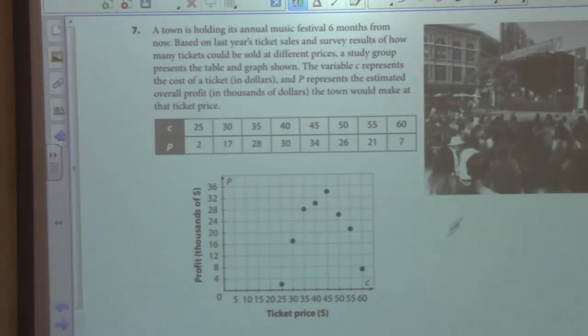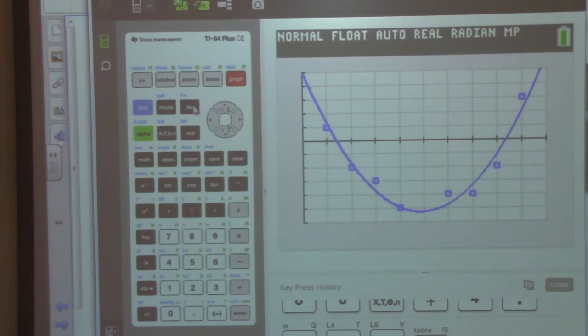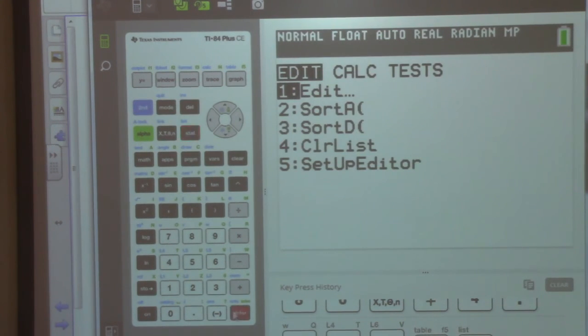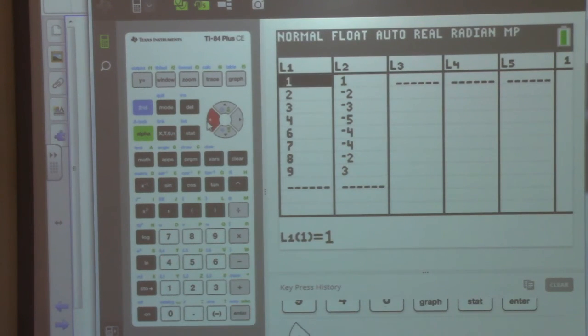Good job. Okay. So we go to the calculator here. Stat, edit. So enter the values here.